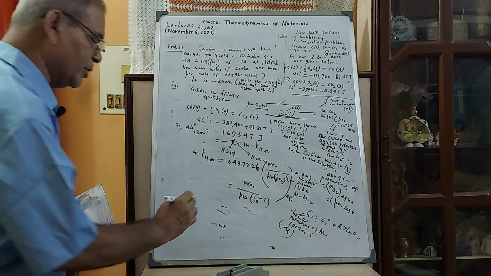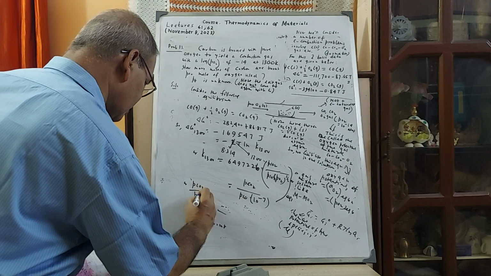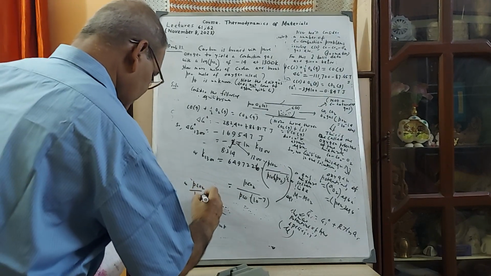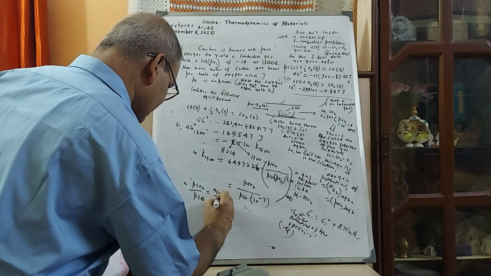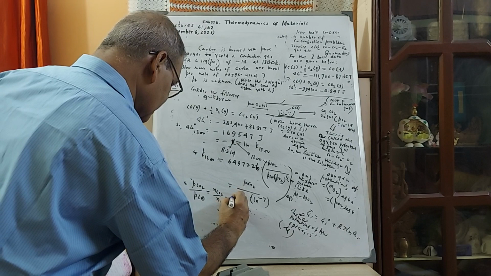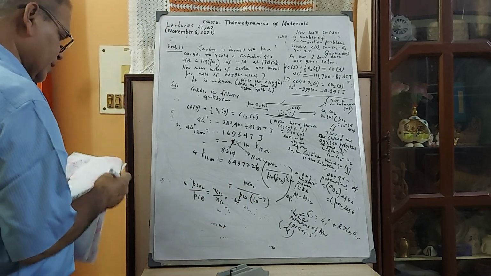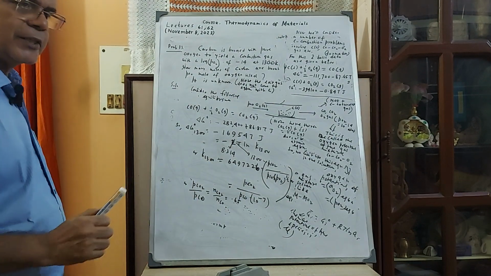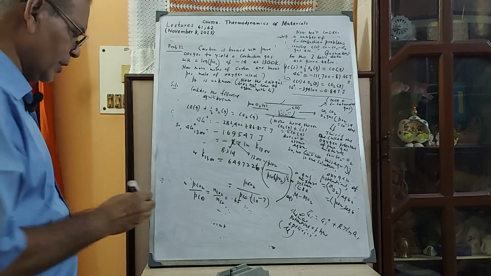So PCO2 by PCO is how much? I am writing NCO2 by NCO, which is 0.65. If you solve this, you get NCO2 by NCO. Now there is a smart way to solve this.